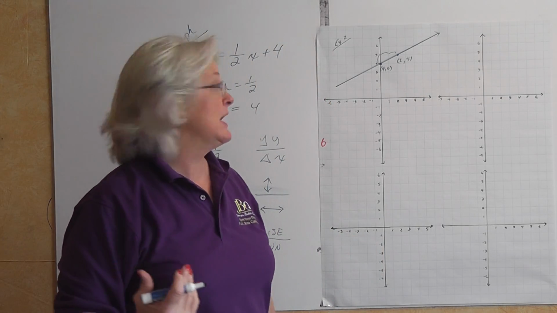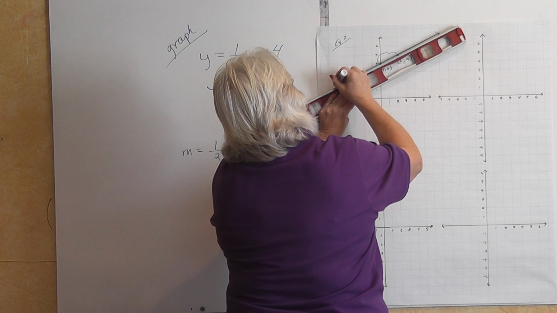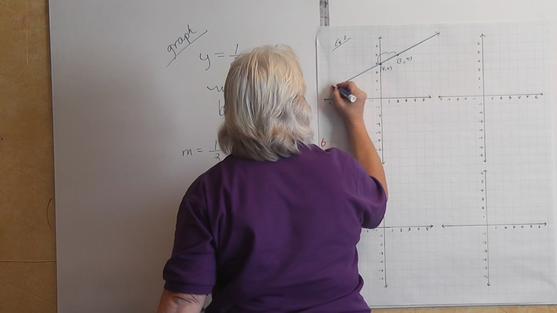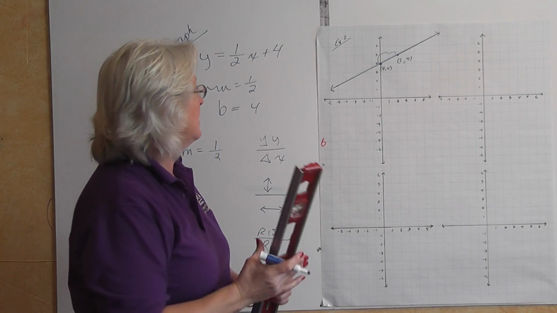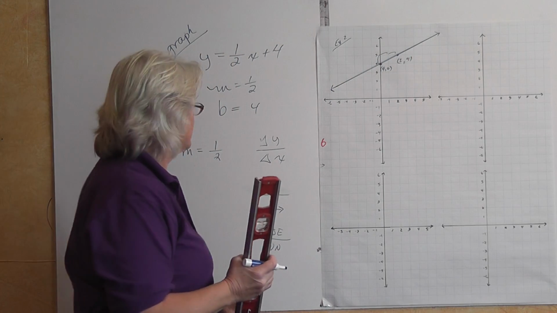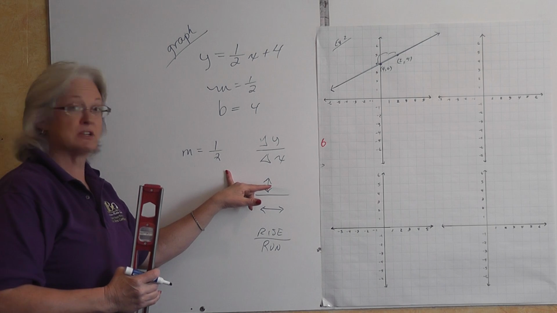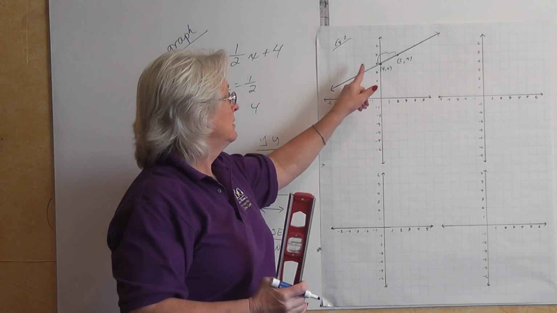Remember I told you in the last video, it's always best if you can extend your line enough so that it crosses both axes. I don't have enough space here. But you can still clearly see that I have a line that is sloping up to the right, so we have a positive slope, which stands to reason, of course, because my slope is 1/2.